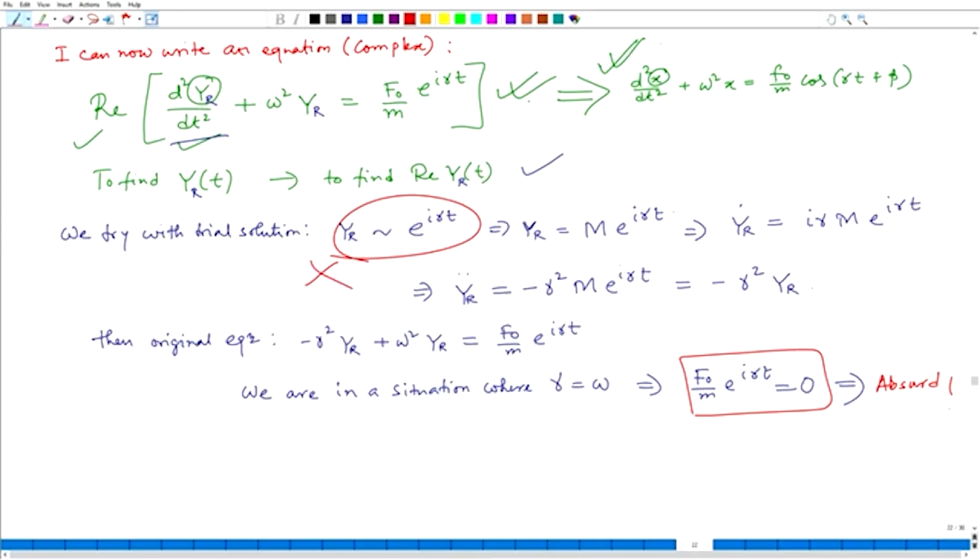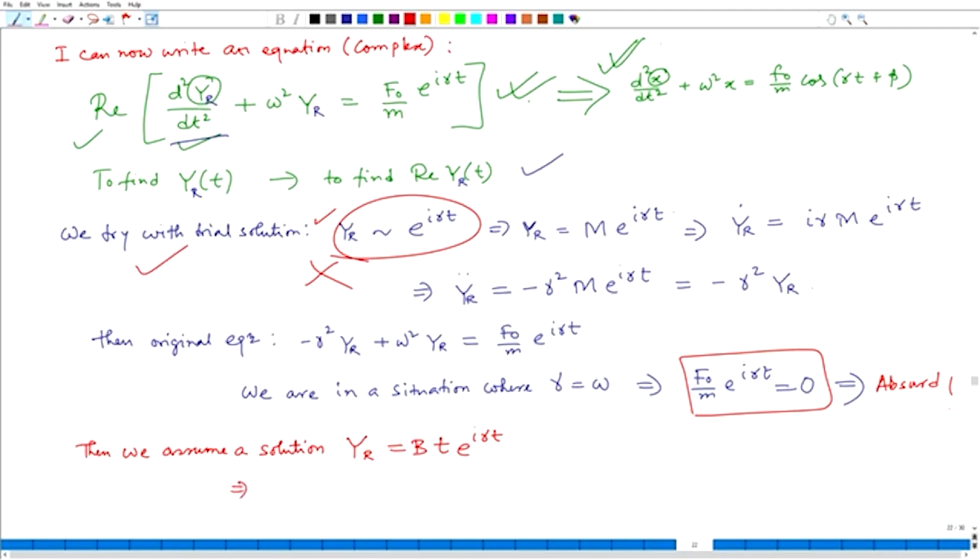From the theory of differential equations, if in a linear ODE you have a failed solution of this type, then the next possible step is that we assume a solution which is proportional to t times e to the I gamma t, and b should be the constant of proportionality. So, b is a constant.